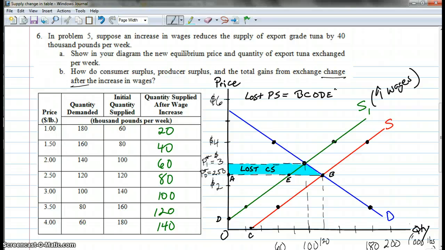But producers also gain some of the former consumer surplus when the price increases. And that sliver would be AE, call this F, and this point G. So there's a gained producer surplus of AEFG.